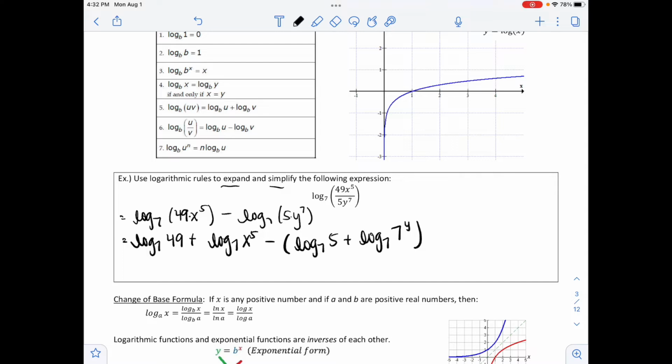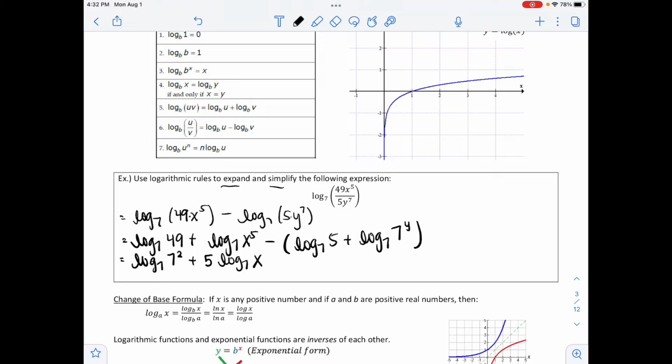And then from here, I'm able to simplify this a little bit more. I do note that we have log base 7 of 49, which is the same as 7 squared. And then the second term, I am able to use the last property that we have listed, 7, and pull that 5 out in front of the log. So 5 log base 7 of x.